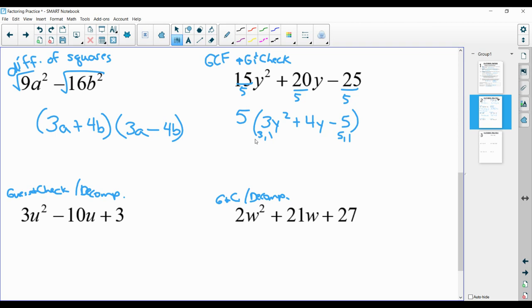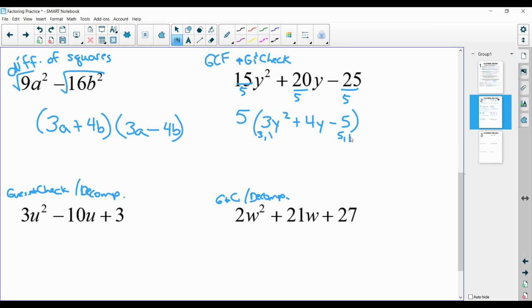So let's look at some combinations. 5 times 3 is 15. 1 times 1 is 1. Will 15 and 1 get me to a positive 4? The answer is no. So then I look at 1 times 5 is 5, and 3 times 1 is 3.